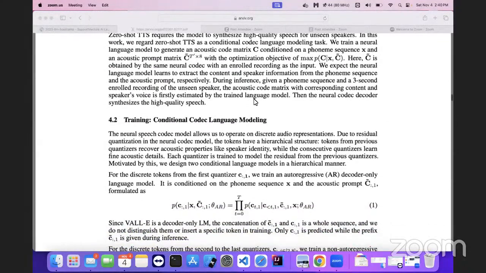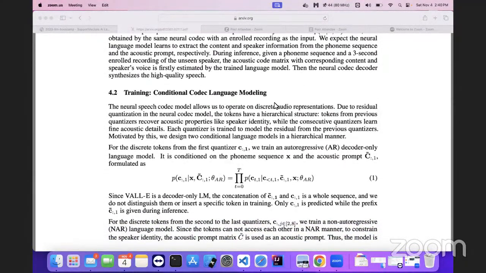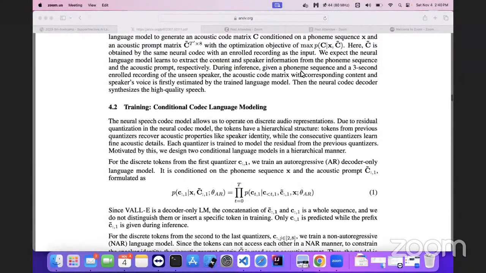Now this is what their neural network, their model, is trying to do. This is how they've implemented that. They have done it with a mix of auto-regressive as well as non-auto-regressive. That C vector has different coordinates.